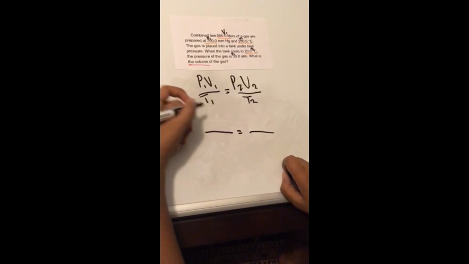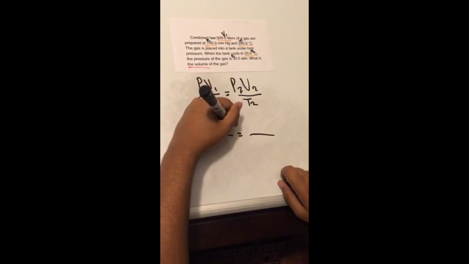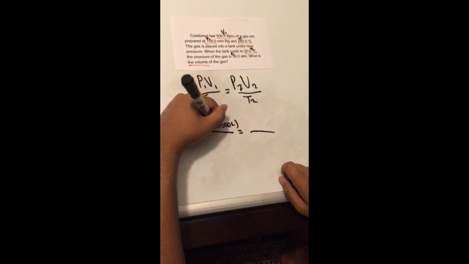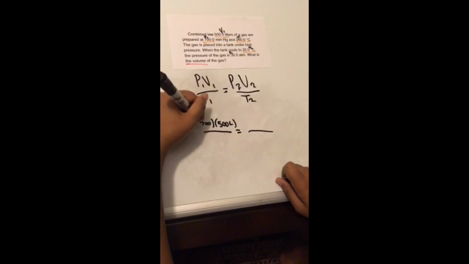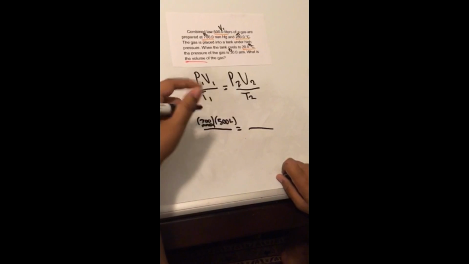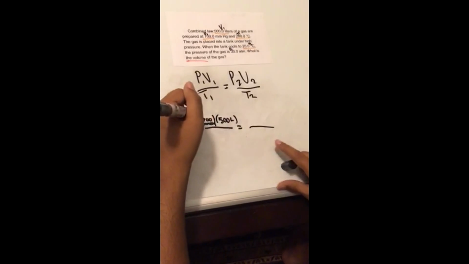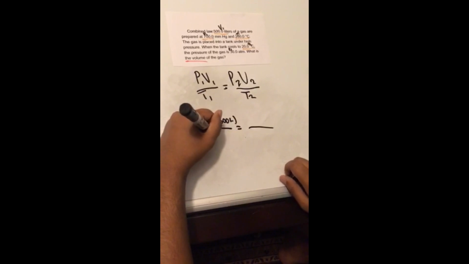So we have 500 liters, and we have 700 mmHg. And for our temperature, we have to add 273, which would be 473 Kelvin.